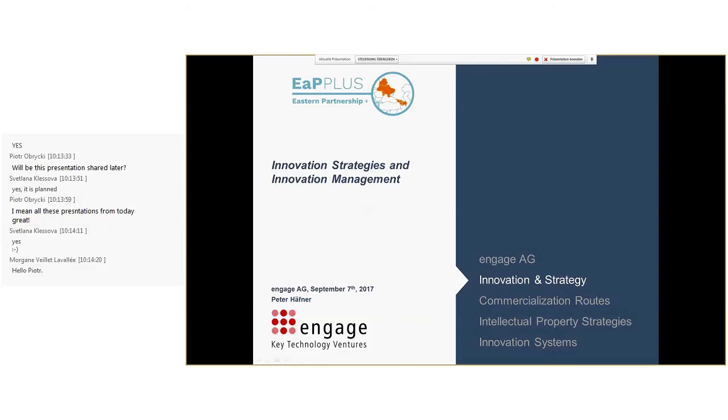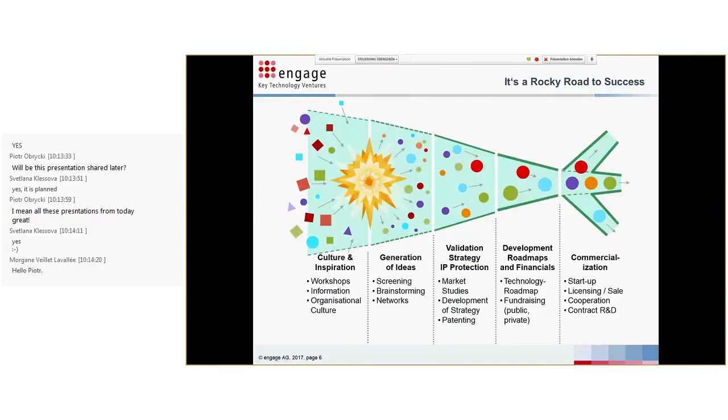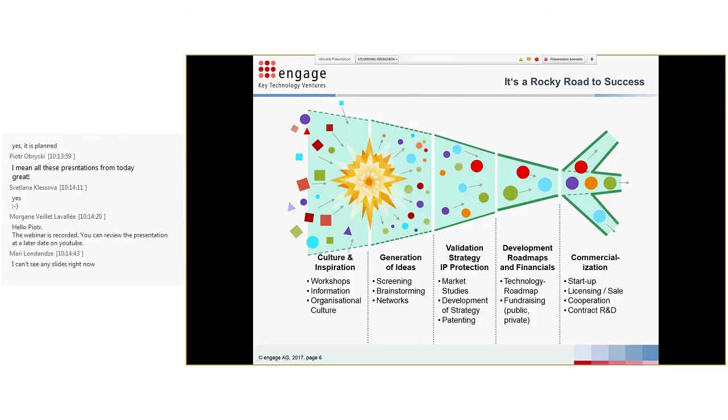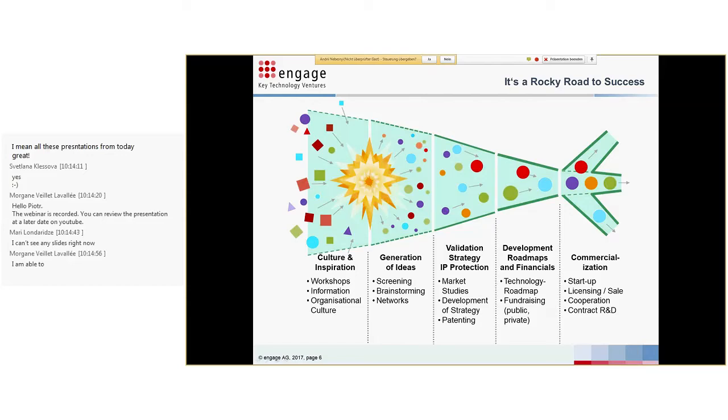So let's delve into the question of innovation and strategy. Those of you who took part in the last webinar know this slide. This is one depiction of the innovation process. You start out on the left side with many ideas, hopefully. These ideas typically come from your average research projects, ideas from students, from junior researchers. There are many sources.